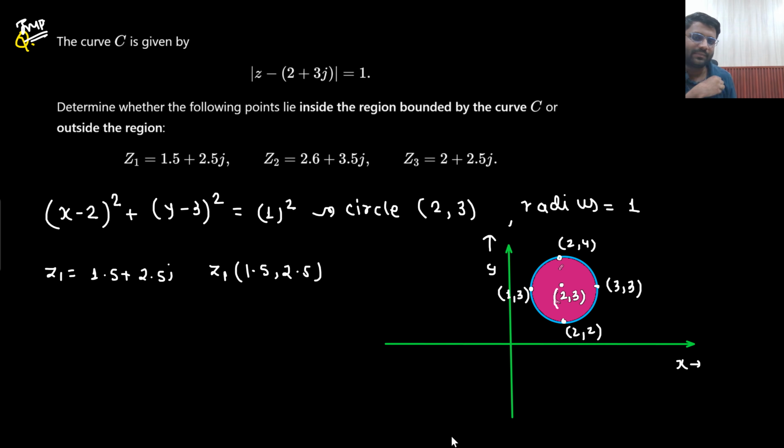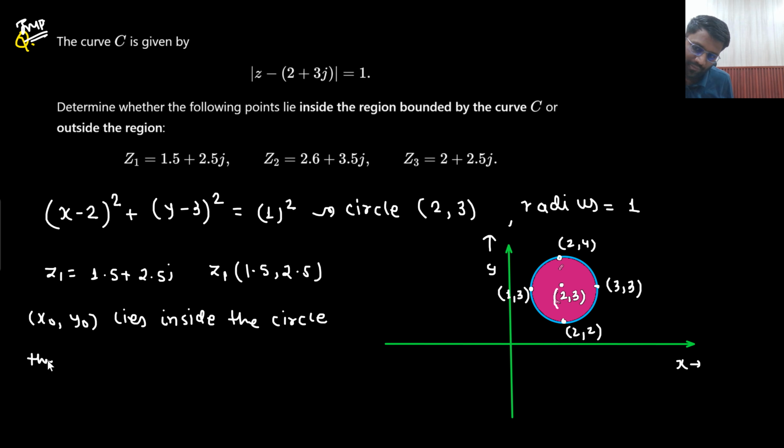This is what they are asking. So if I am saying that x naught comma y naught lies inside the circle, then x naught minus 2 whole square plus y naught minus 3 whole square would be less than equals to 1. Do you agree to this point?